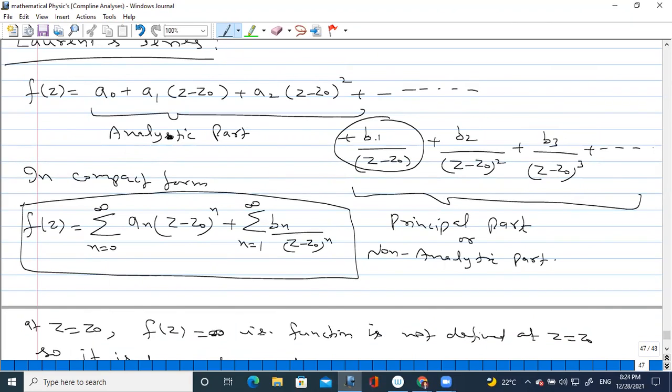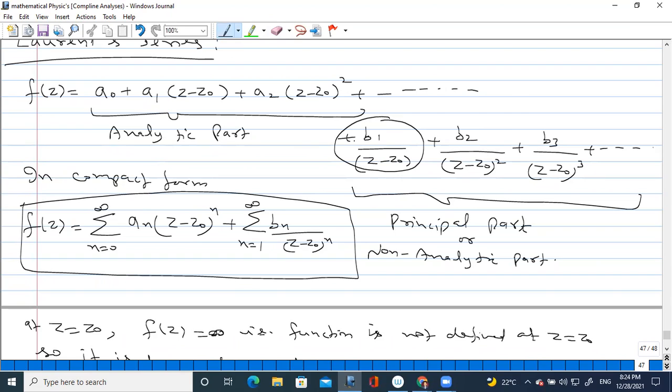The coefficient of 1 upon (z minus z0) will give you the residue. So what is the residue? The b1 value is the residue. Whatever function is given to you, you just find the Laurent series of that.